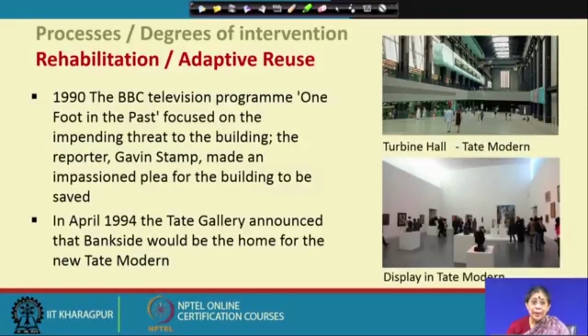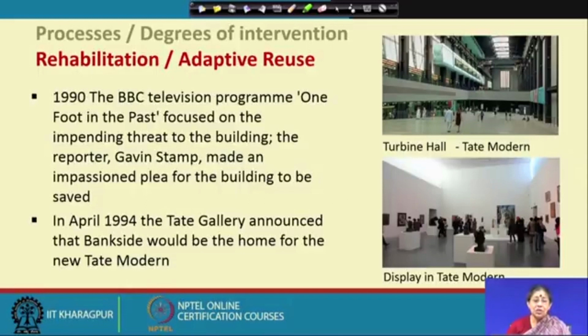Not only this, it has really created a landmark around the space, and it is able to create not only financial return but also a space of activity.